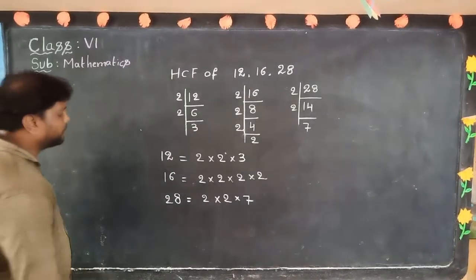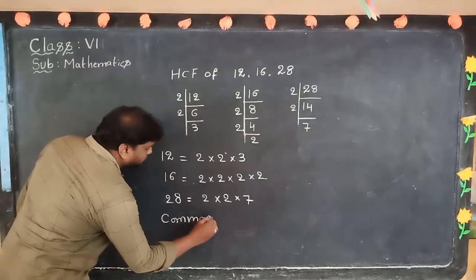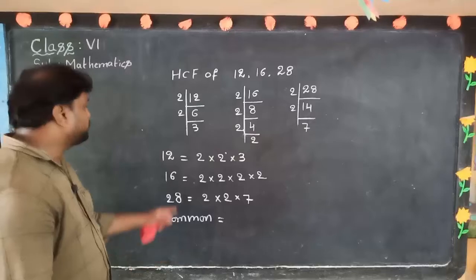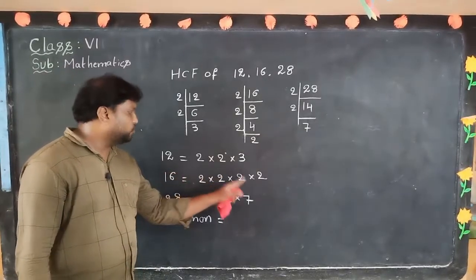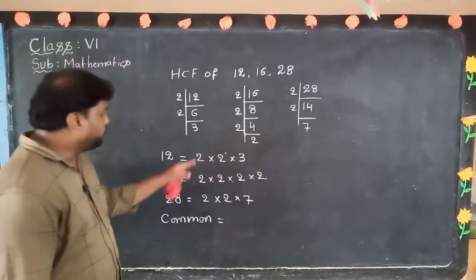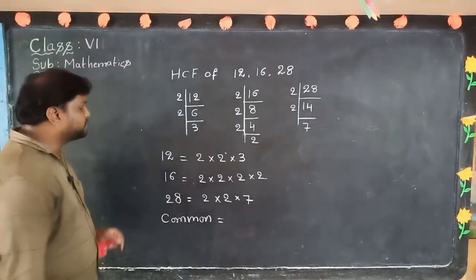Now what is the common value or common factor? See, observe here in 12, the product of prime factors, 2 into 2 is common. There is no 3 elsewhere. Here 7 is there, but 7 is not common. Out of the 3, which is common? Only 2 times. The 2 times is common.